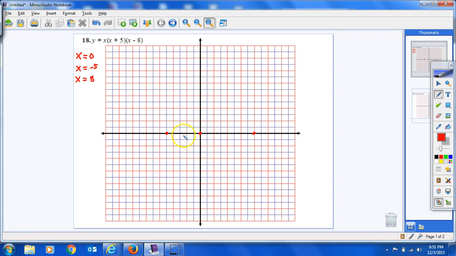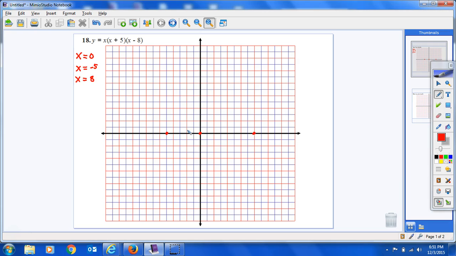And I'm just going to pick a number for x in between. I'm going to pick -2.5, and I'm going to plug -2.5 into this function for x and see what I get. So my input is going to be -2.5.